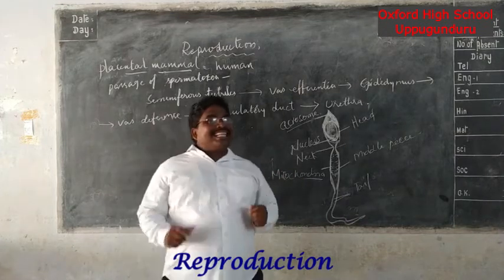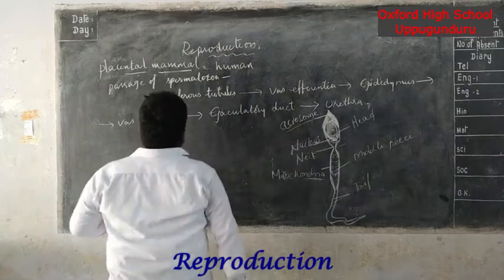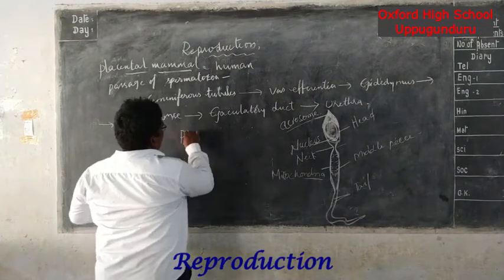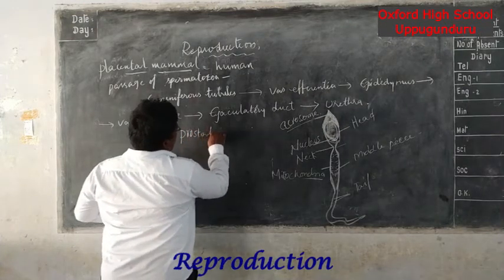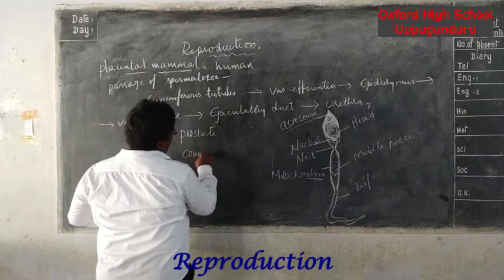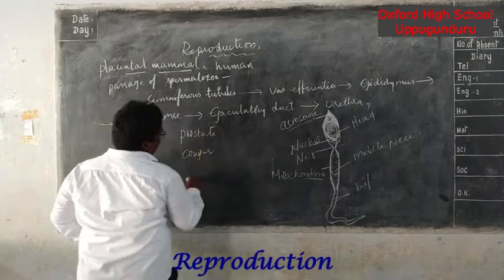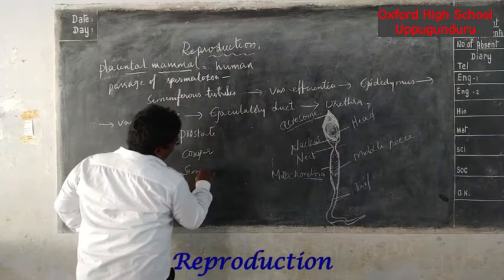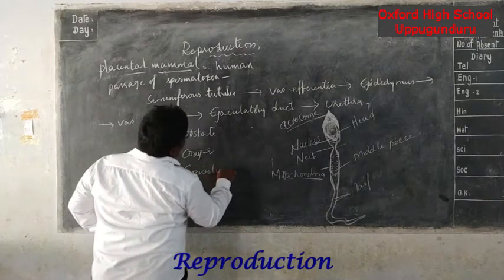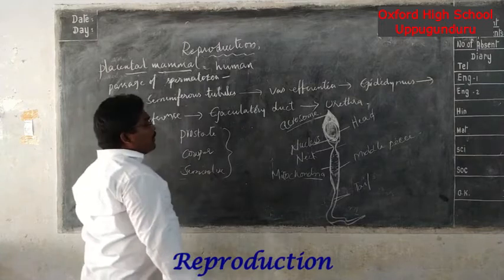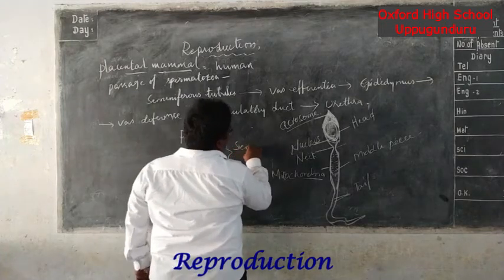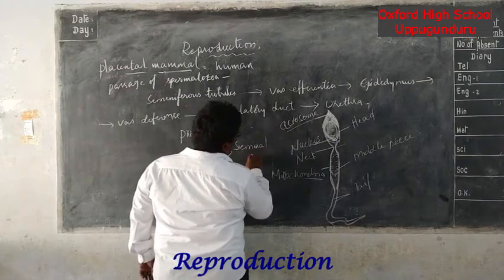Okay. So the secretions of the prostate gland, Cowper's gland, and seminal vesicle are collectively called seminal plasma. What is that?